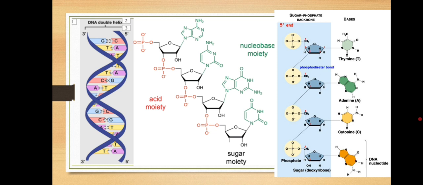Ester refers to acid plus alcohol; it forms an ester. So the acid here is the phosphate group. Now where is the alcohol in the entire structure? The sugar. Why is the sugar an alcohol? Because of the presence of multiple OH groups. The sugar acts like an alcohol. So acid plus alcohol forms ester, so phosphodiester.